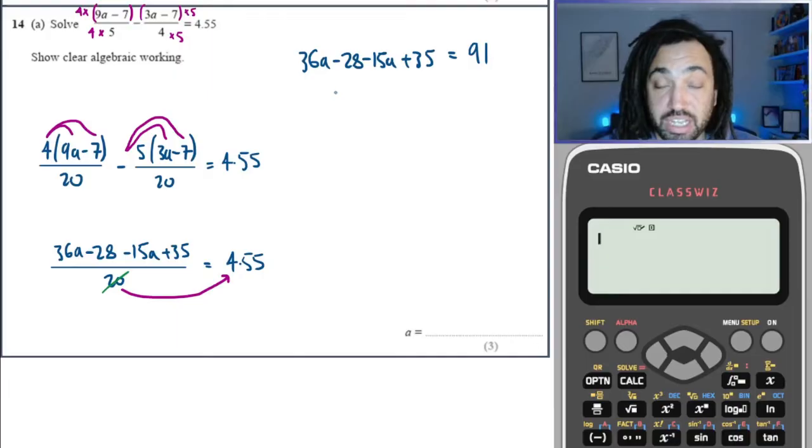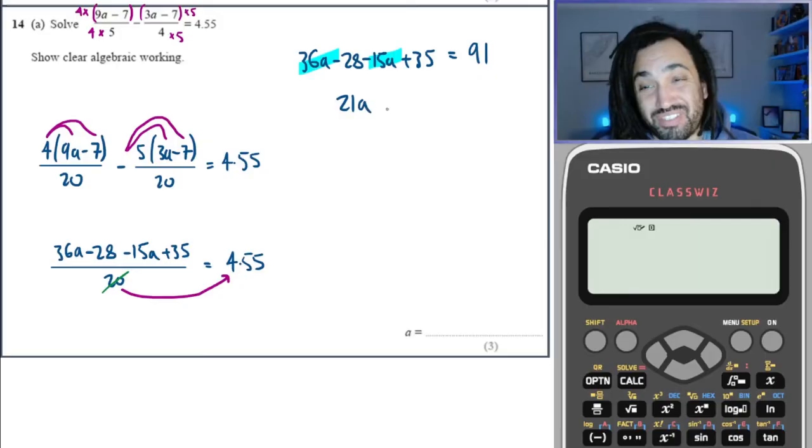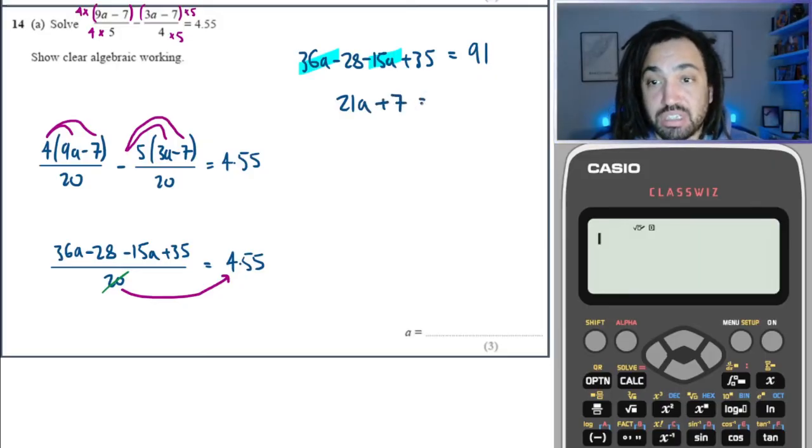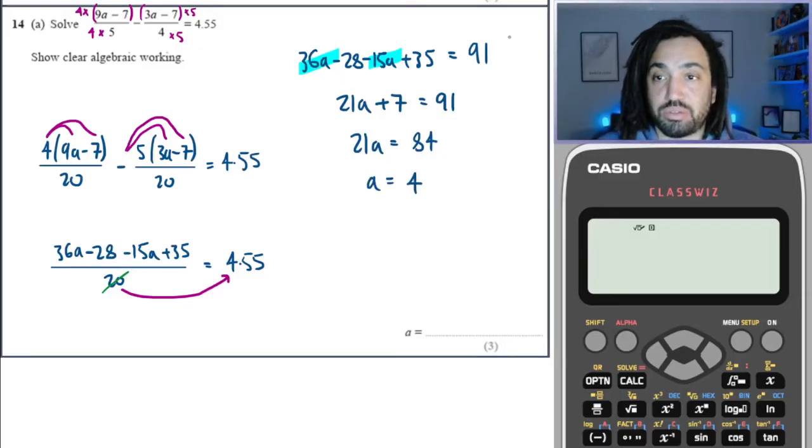Next we can simplify the left hand side, so we've got 36a minus 15a is 21a, and then minus 28 plus 35 is plus 7, and that equals 91. We can take the 7 from both sides, and that will give me 84. And then we can divide through by 21, and that will give me a is equal to 4.